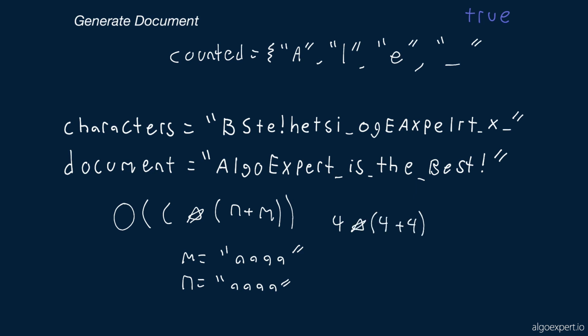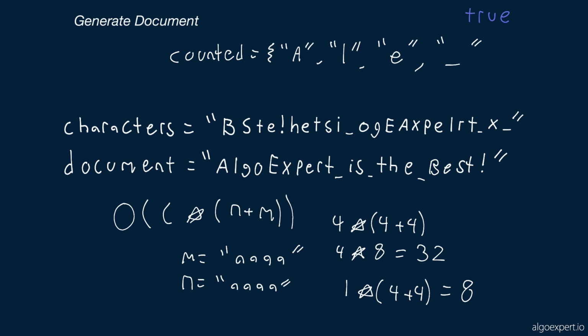So what that would end up giving us is 4 multiplied by 8, and that would be equal to 32, right? So that would be how many steps we would have to perform in the previous algorithm. Whereas here, if we use C, the number of unique characters in our document is only 1. So now, rather than having 32, we're going to have 1 multiplied by 4 plus 4, which is going to give us 8 steps. So we've drastically reduced the number of steps that we need to take by simply implementing this set here that keeps track of the characters that we've already counted.